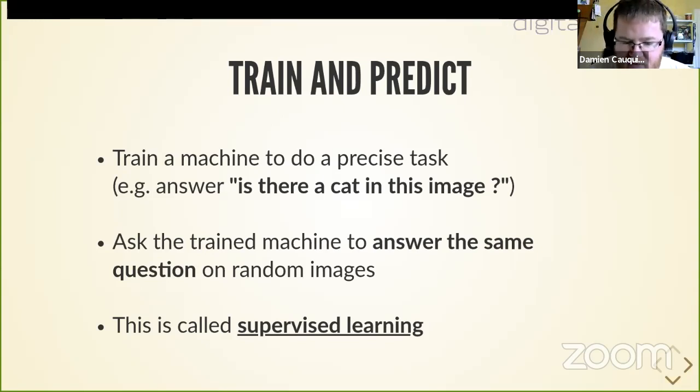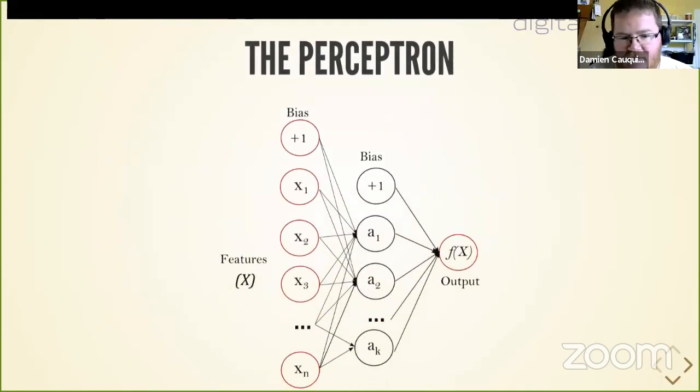And if we present the machine with a random image of a cat or not a cat, then it will be able to tell if it's a cat or not. So this is what we call supervised learning, because we need to provide the machine with a specific set of images that correspond to the correct output, and also other images that do not correspond to this output. So we are going to give this machine a horse image and tell this machine that's not a cat, obviously, and so on. This way the machine can learn and give results.